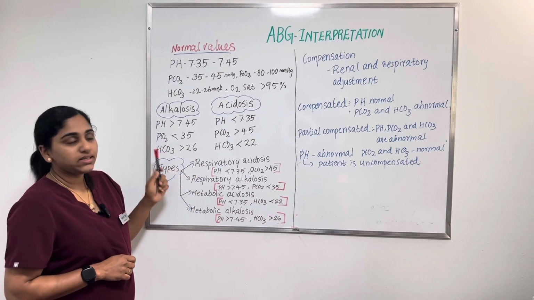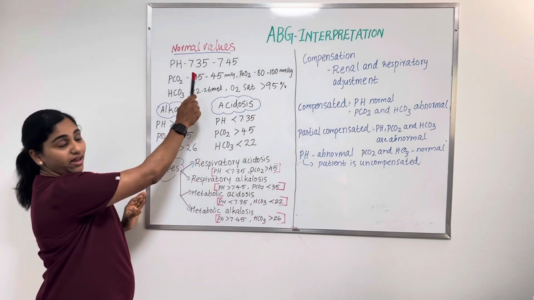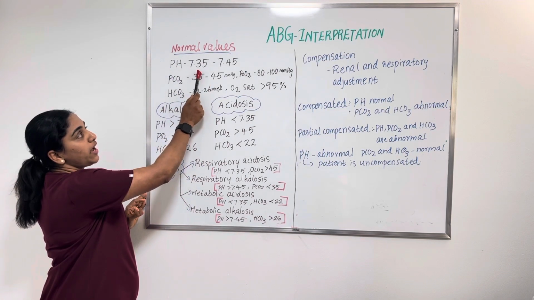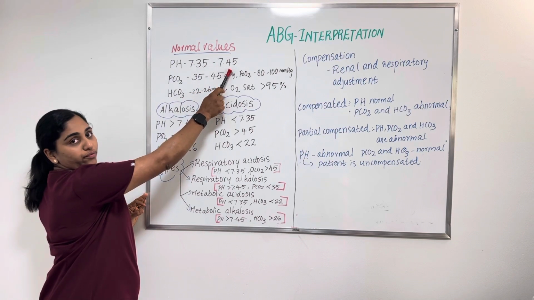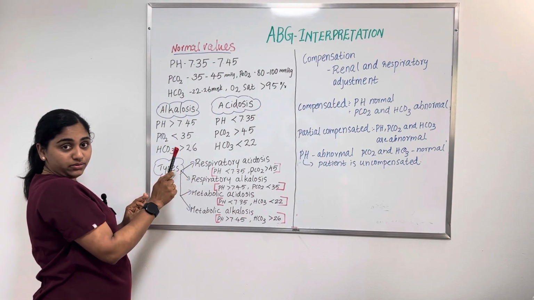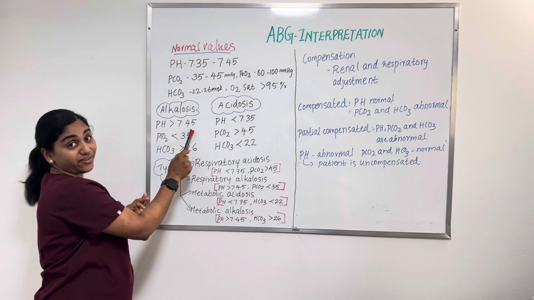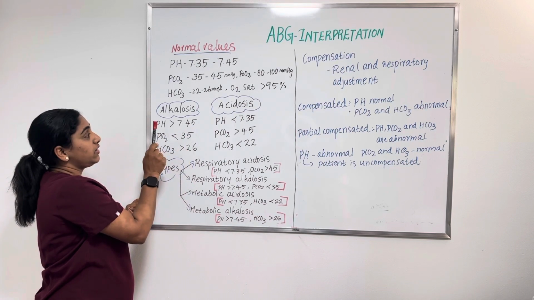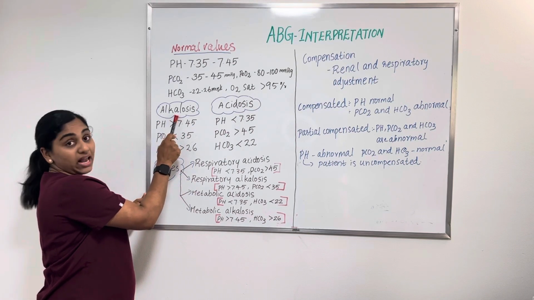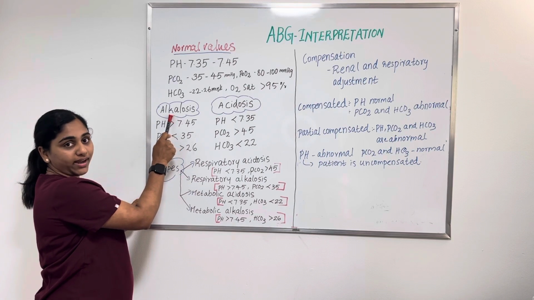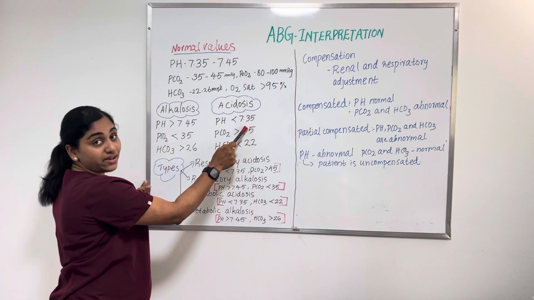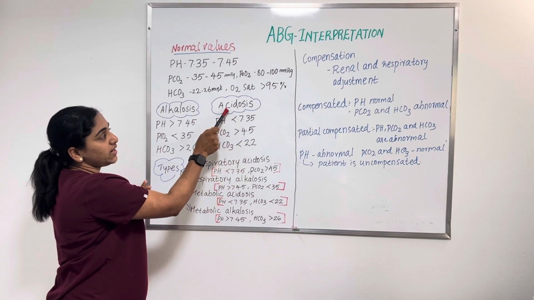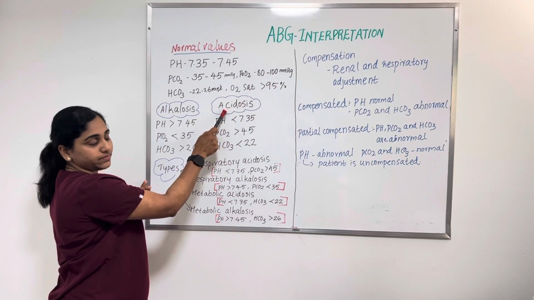In alkalosis, we have already seen that the normal pH value is between 7.35 to 7.45. So any value that is greater than 7.45, we consider as alkalosis. Any value which is less than 7.35 is considered acidosis.